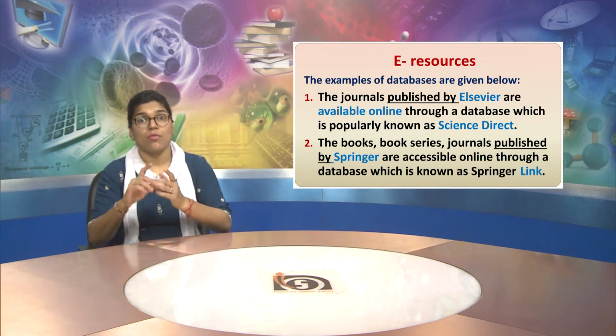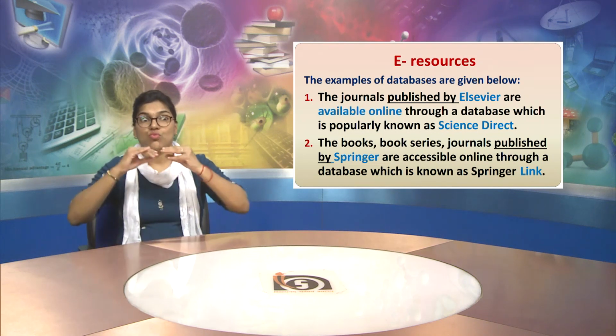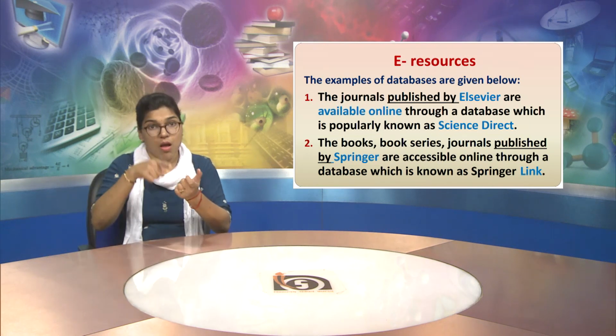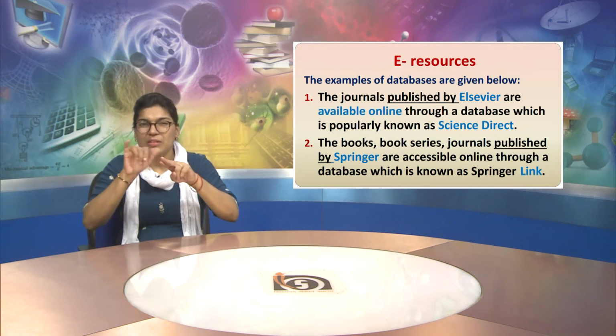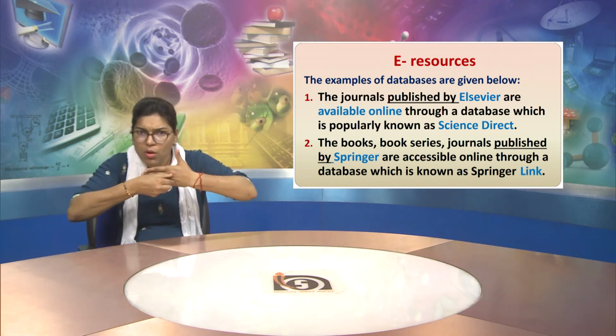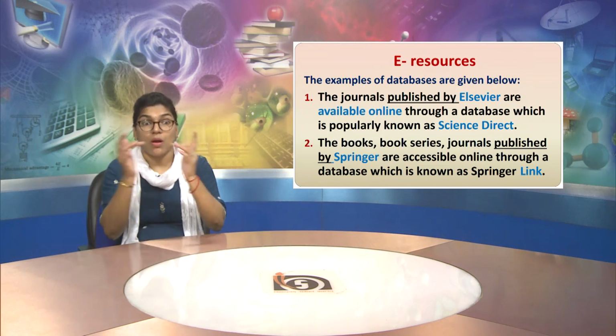The second example, the books and the book series journals published by Springer are accessible online through a database which is known as Springer Link.